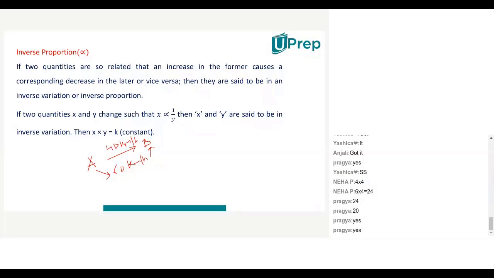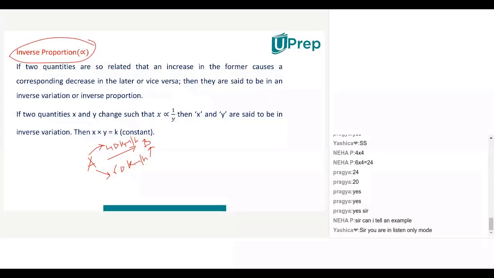If my speed decreases, the time taken to reach B will increase. By traveling at a greater speed, I can reach a destination faster, that means I will take less time. If I'm traveling at a slower speed, the time taken to reach the destination will be more.